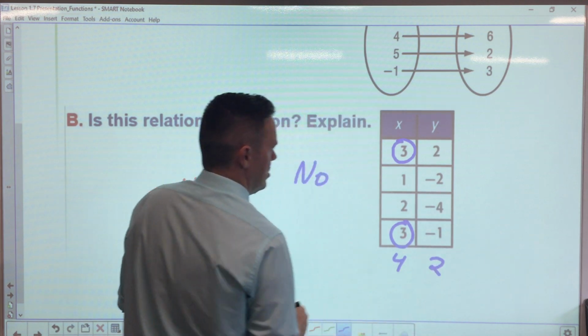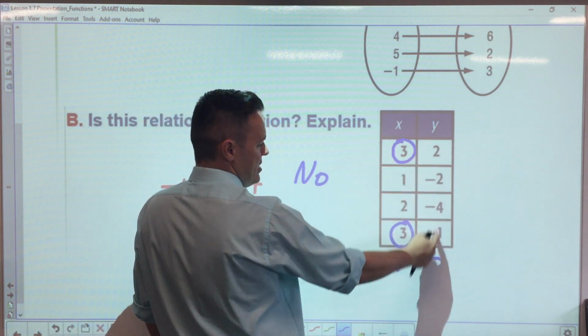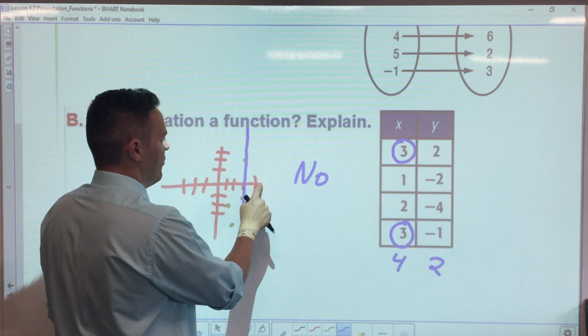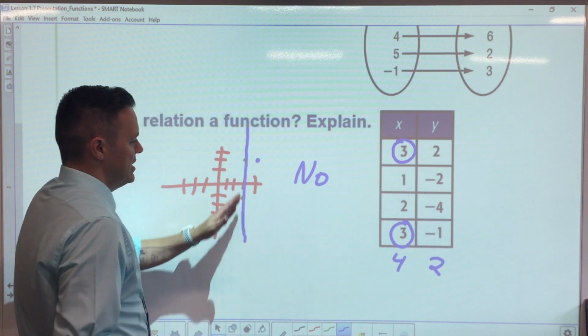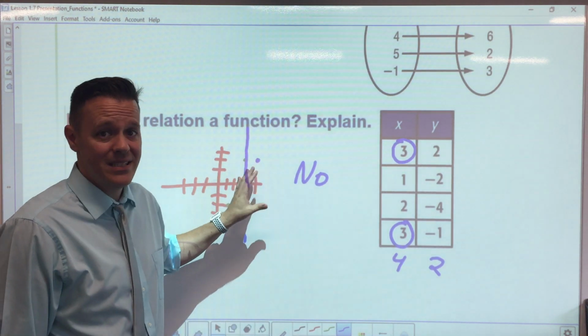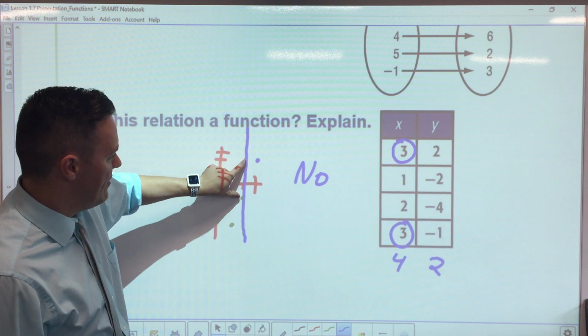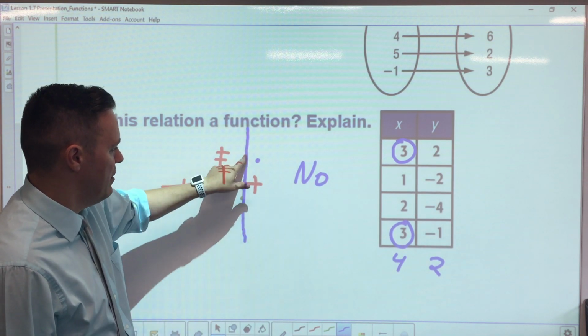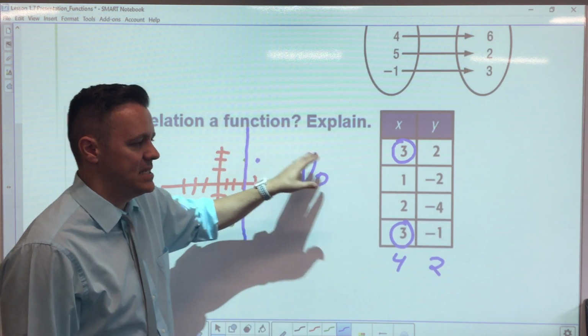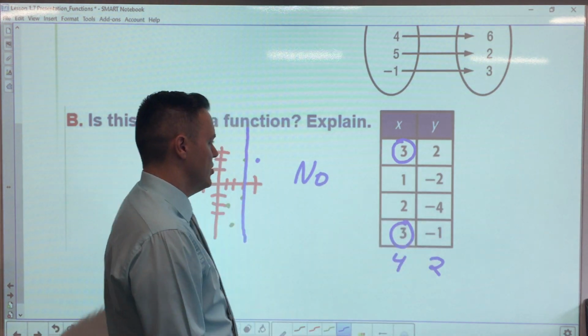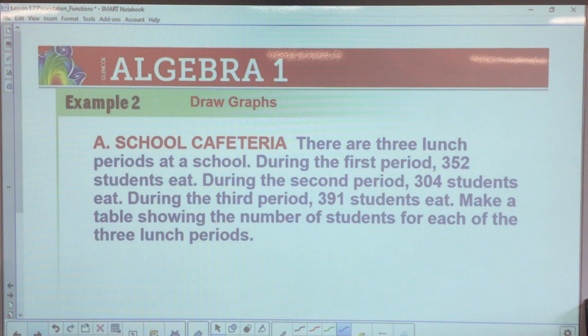It has the same range, but you're going over 4 up 2, so you'd be right here. Does it pass the vertical line test? It does. When you have a line that you go vertically through and it passes through more than 1 point, it is not a function. So that's why you need to understand that aspect.